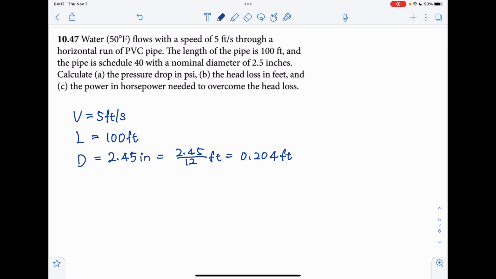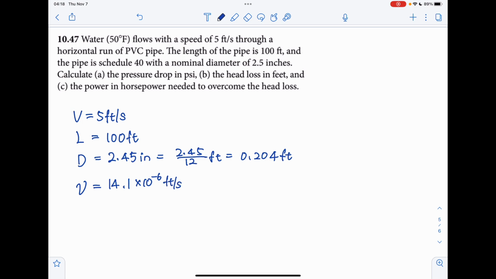We're going to calculate the pressure drop, head loss, and power needed to overcome the head loss. To start with, we're going to find the Reynolds number for this problem. We need to know the viscosity, which at 50 degrees Fahrenheit should be 14.1 times 10 to the negative 6 feet squared per second.